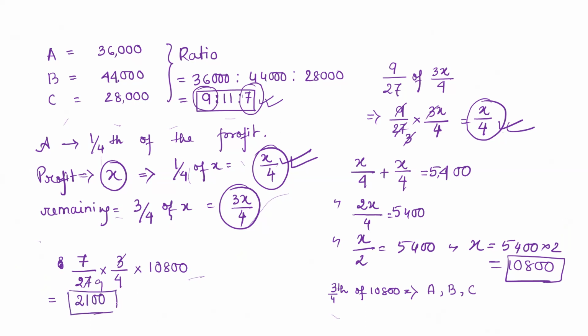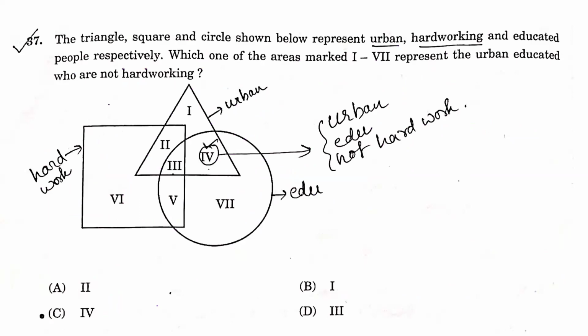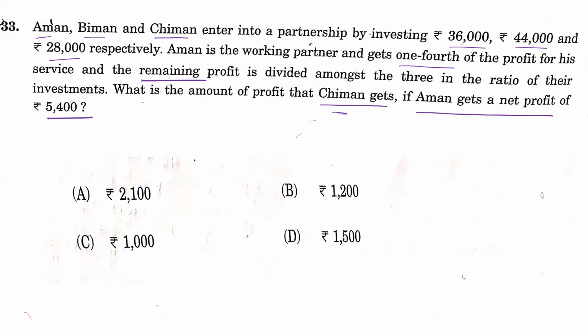So this is your answer. So our correct answer is A, 2100. A is our right answer. Clear?